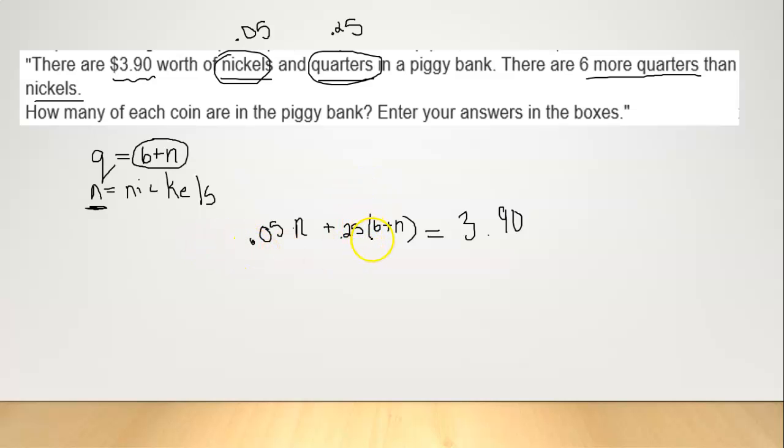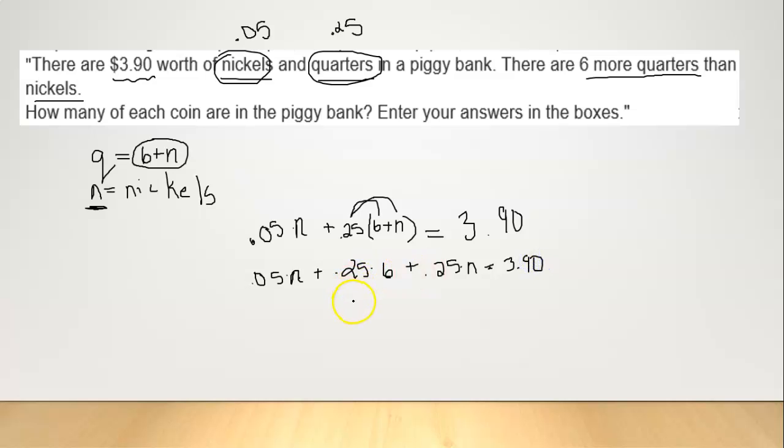So since we have a set of parentheses here, let's distribute the 0.25 to everything on the inside. And my pen must need to be recalibrated again. It's acting up. So we're going to have 0.25 times 6 plus 0.25 times n equals 390.